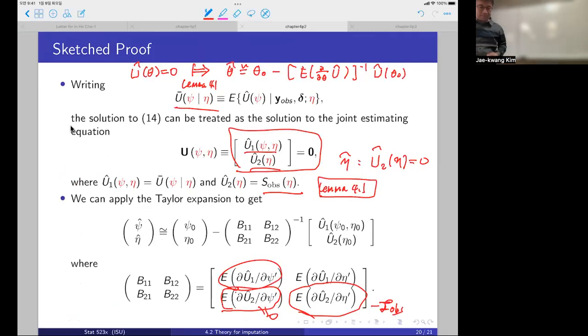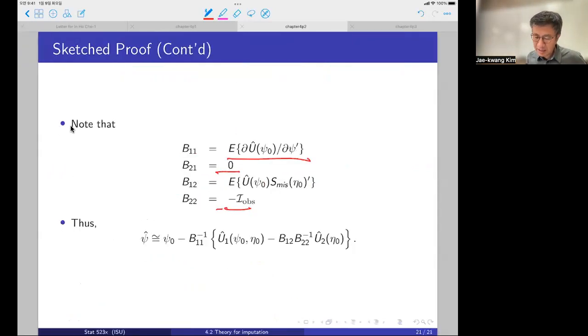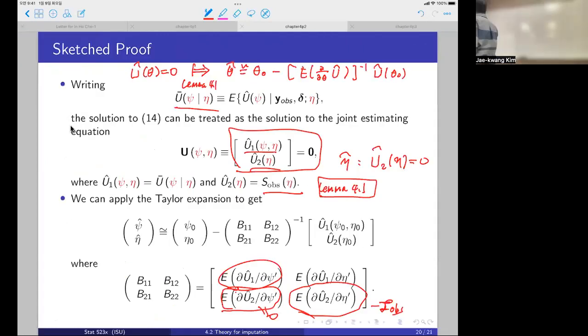That doesn't really change anything, because U1 itself is a conditional expectation, but for the first component it doesn't really change. What is more tricky is this one.